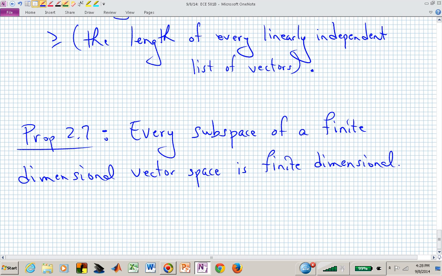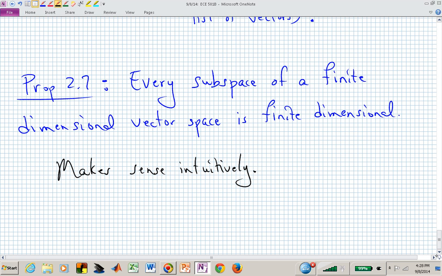And those two results make sense intuitively. If you're starting with a finite dimensional vector space, it's not going to get any bigger on you. And if you take a subspace from that vector space, it's going to be finite dimensional. It's not going to somehow magically increase in dimension.